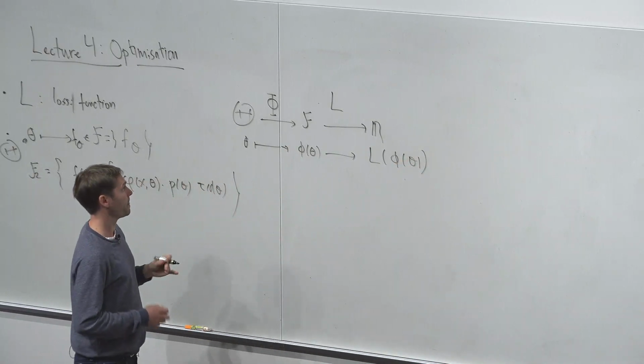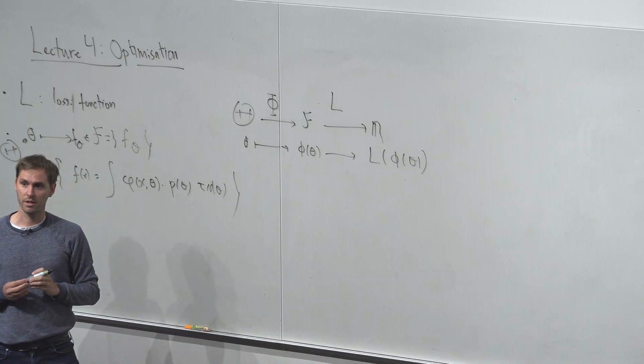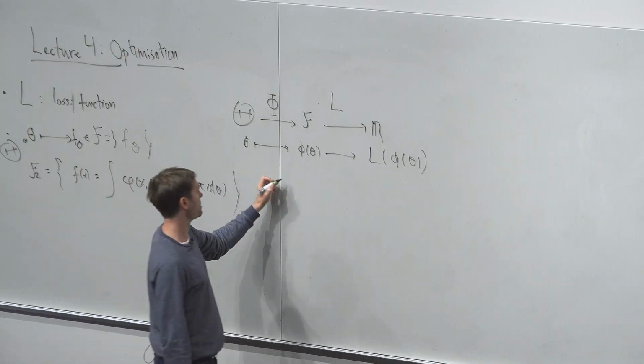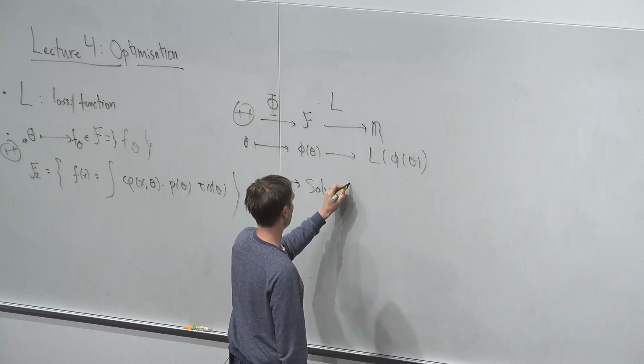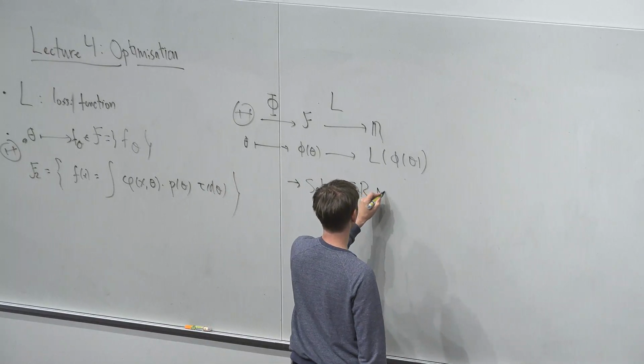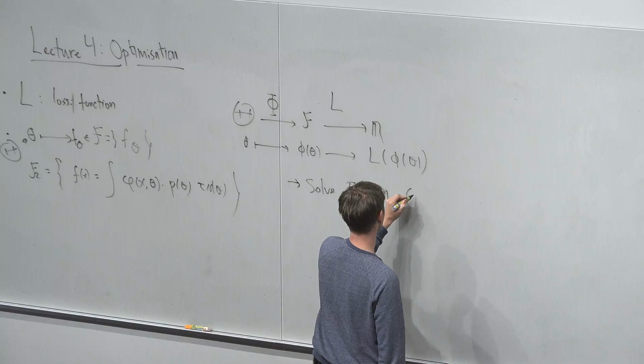And of course, if you remember from the first lecture, the first objective in machine learning is to solve the empirical risk minimization, with or without regularization.